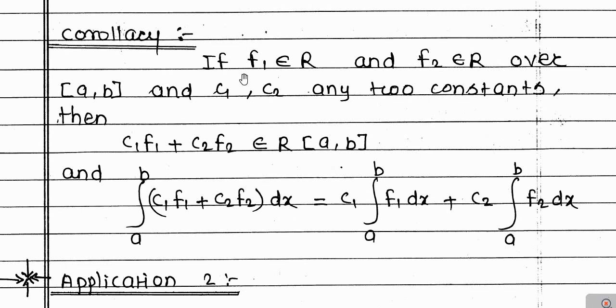There is one corollary on this first application, and that corollary is: if f1 belongs to R, meaning f1 is Riemann integrable, and f2 is also Riemann integrable over the closed interval a to b, and c1, c2 are any two constants, then c1 f1 plus c2 f2 is also Riemann integrable over the closed interval a to b, and in this case the integral from a to b of (c1 f1 plus c2 f2) dx is equal to c1 times the integral of f1 dx plus c2 times the integral of f2 dx.